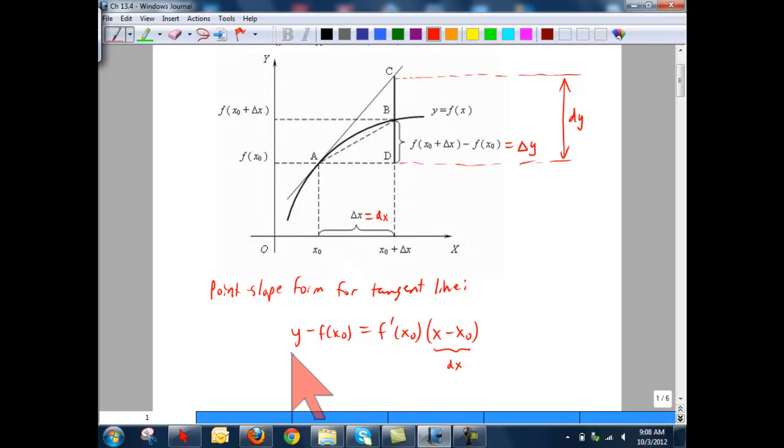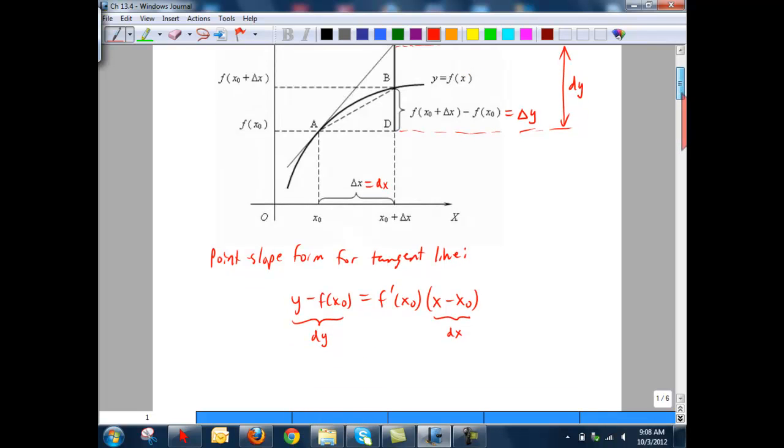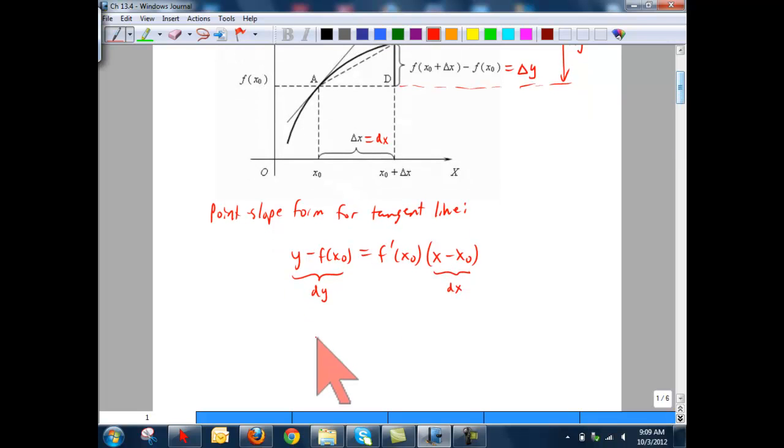And so if I identify this number, or expression, as dy, then dy divided by dx equals f prime. That's the derivative, and so that's consistent with the picture above. And so in simpler notation, here it is, dy equals f prime of x naught times dx.